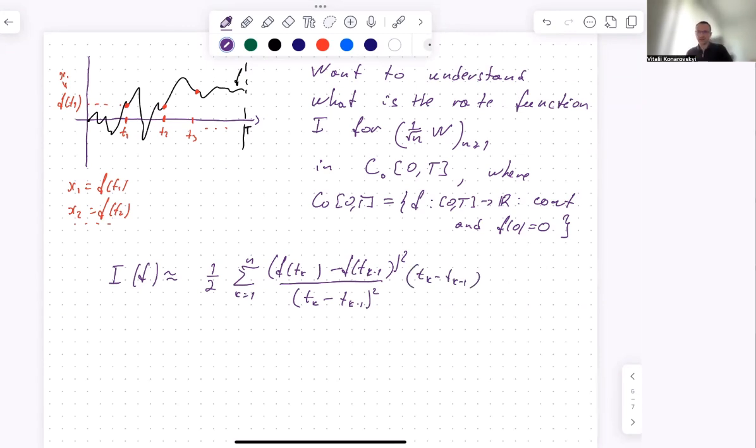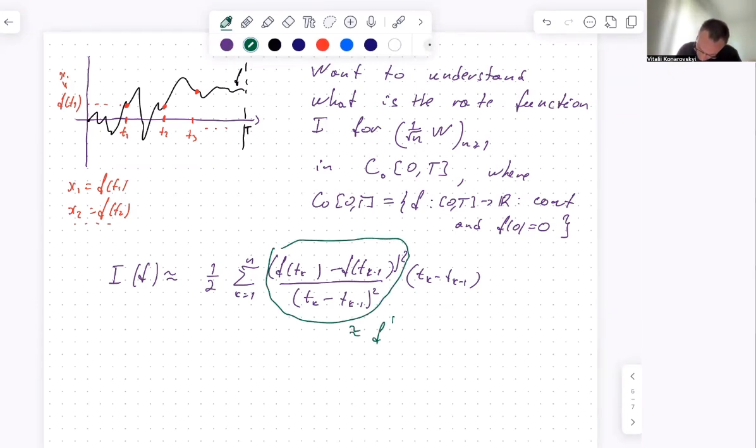So I actually did nothing. Now you see that this part looks like the derivative of the function f at t_k, and then you multiply by the increments, delta t_k. So you see precisely a Riemann sum.